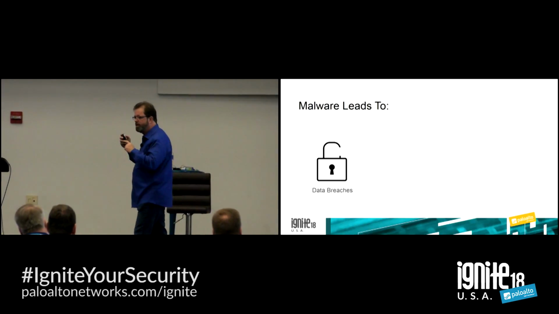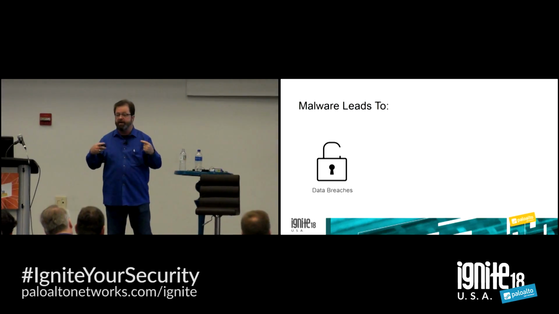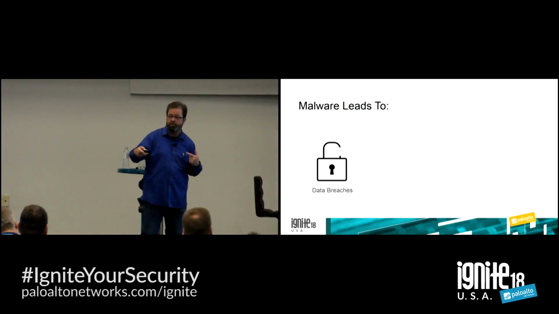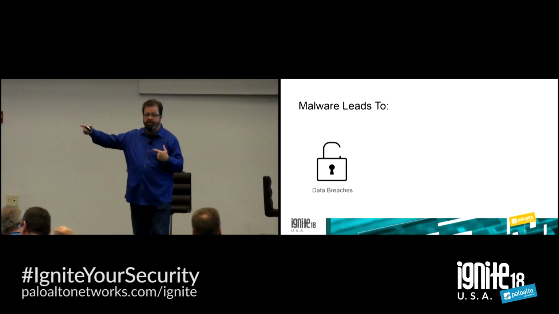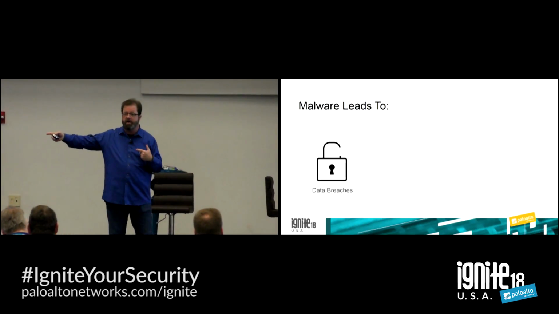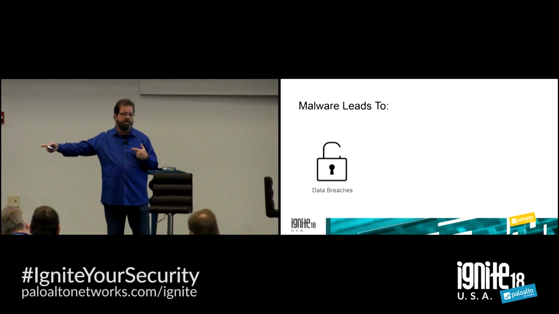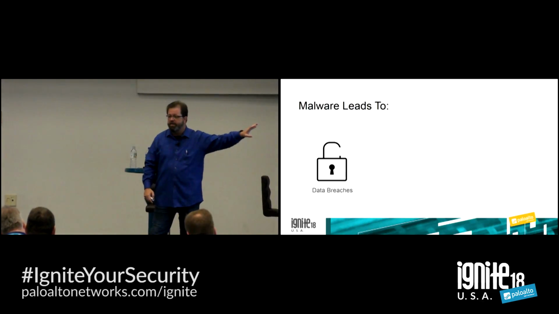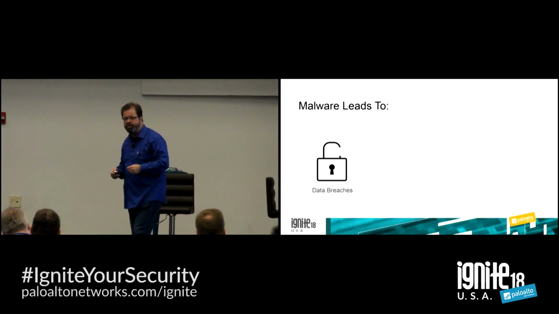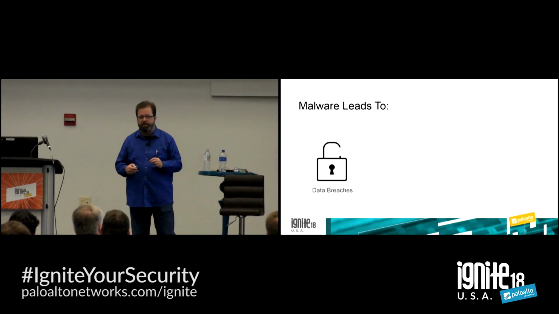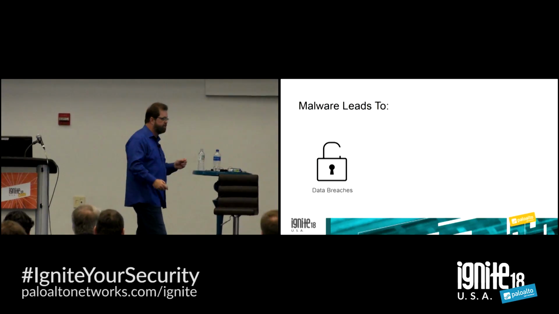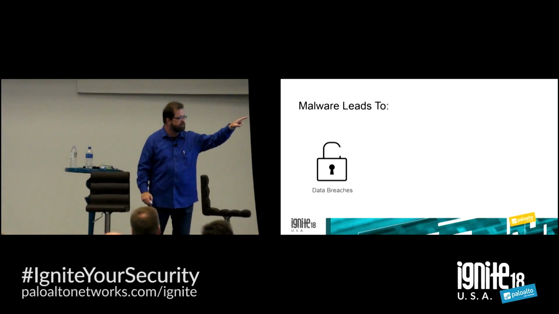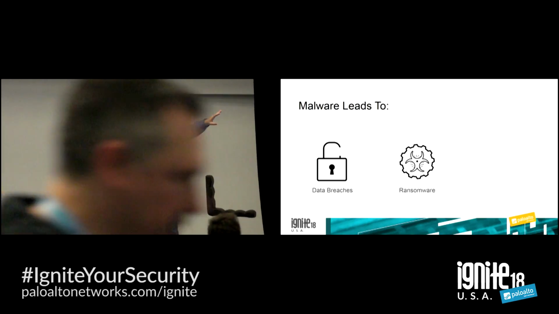I say stopping data breaches, and by data, I'm talking about toxic data, data that gets you in trouble with legal or regulatory entities, right? What's going to be happening here in about 9 hours? GDPR goes live. What happens if you have a data breach of data that falls within the scope of GDPR? Really, really, really bad things. And no one is ready for it because we haven't been focusing on the real thing, which is data breaches. Now, there are other things that malware leads to, like ransomware.